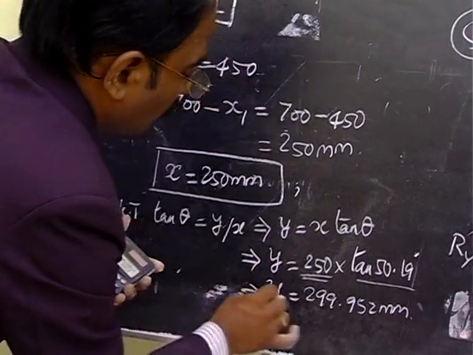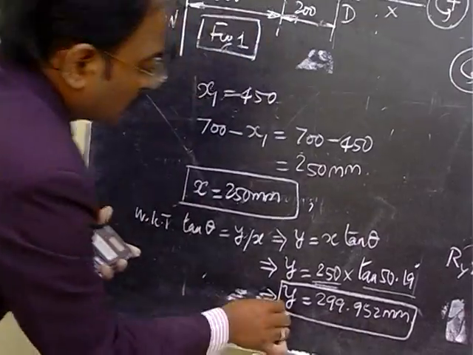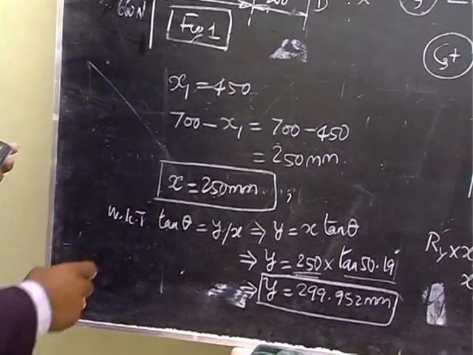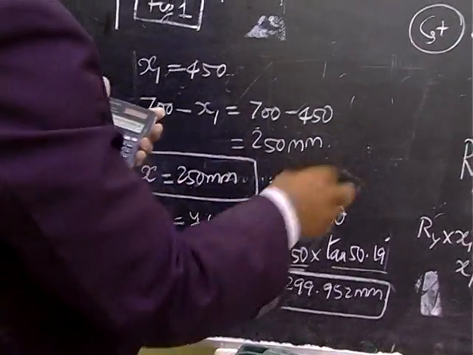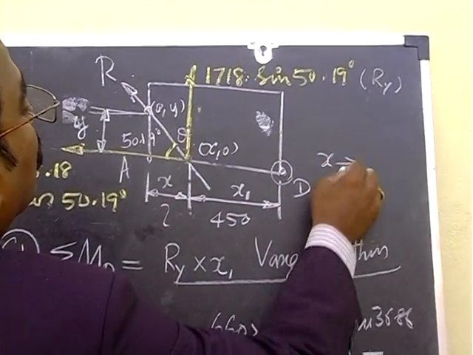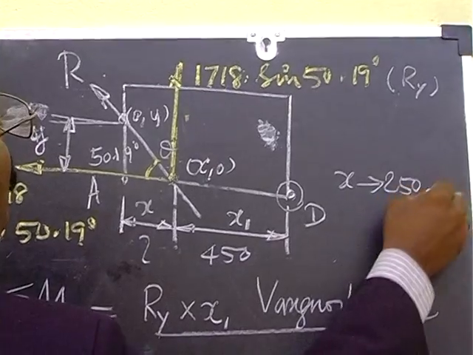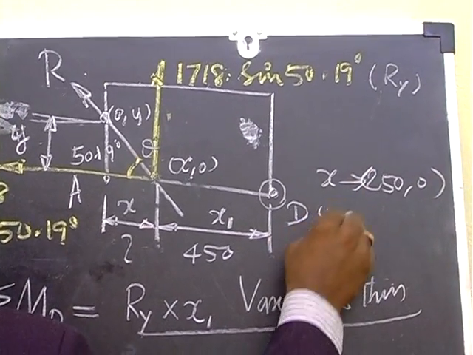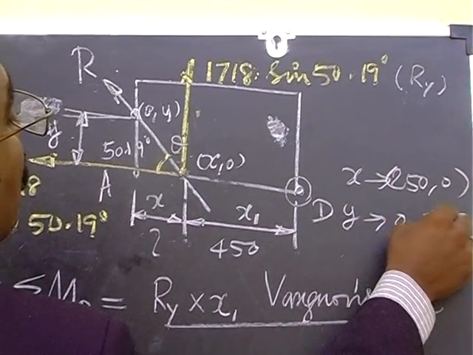So this is the y value. Therefore the x-intercept is 250, 0. X value is 250, 0, and the y-intercept is 0, 300.